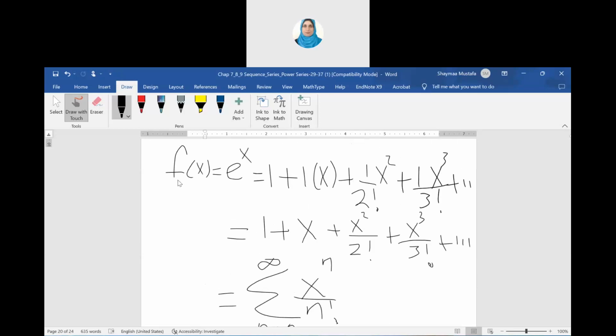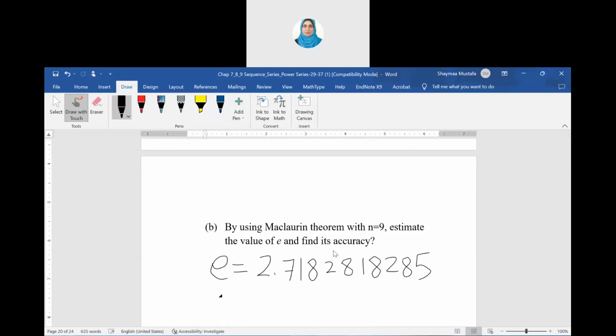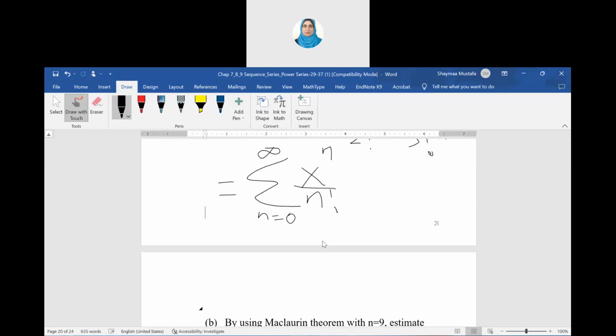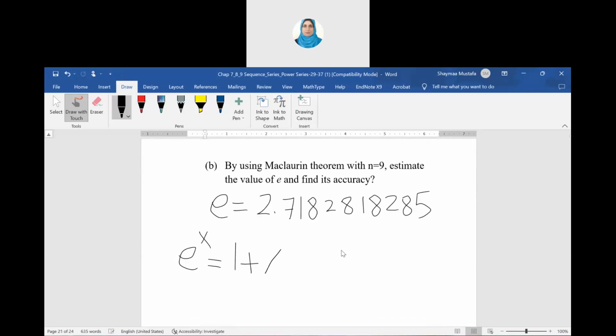So this is your Maclaurin series. f of x, e to the power x, is equal to 1 plus x plus x squared over 2 factorial plus x cubed over 3 factorial, and so on until x to the power 9 over 9 factorial.